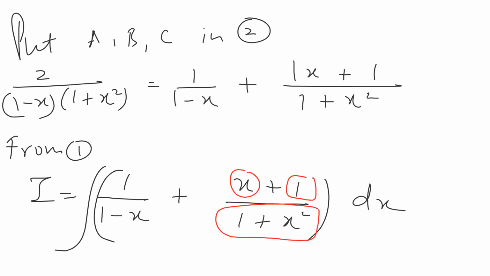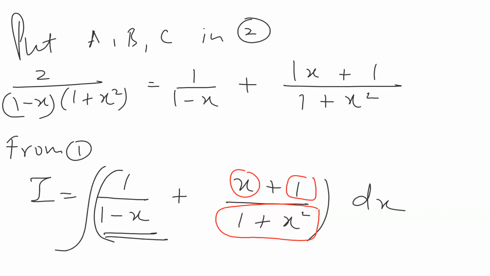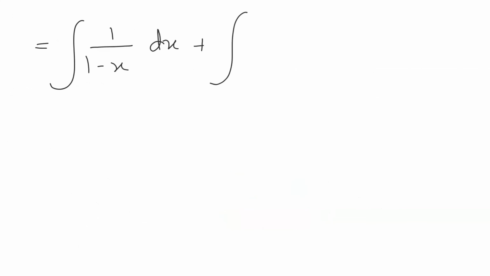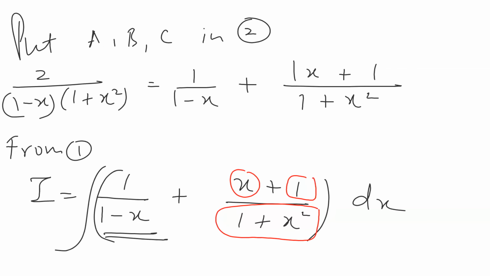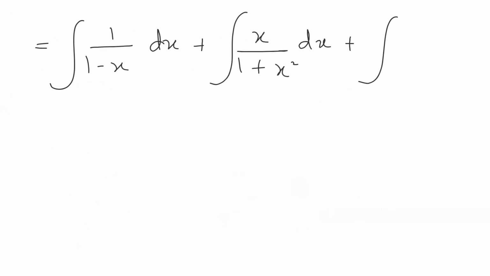The first integration will remain as it is. So this will be integration of 1 upon 1 minus x dx, plus x upon 1 plus x square dx, plus 1 upon 1 plus x square dx.